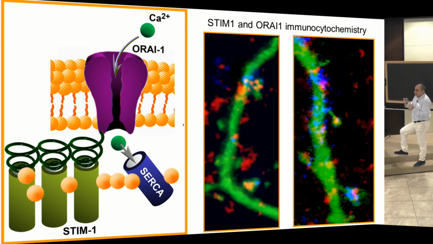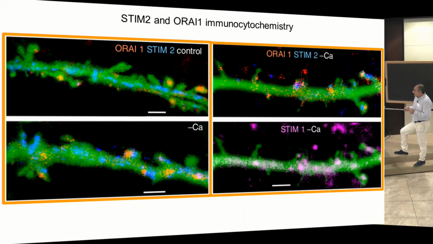Okay, this was for us the first evidence that something interesting was happening there. And then we started to do huge, very boring immunocytochemical work, because it's really hard and boring. And we found, first of all, the mechanism works.